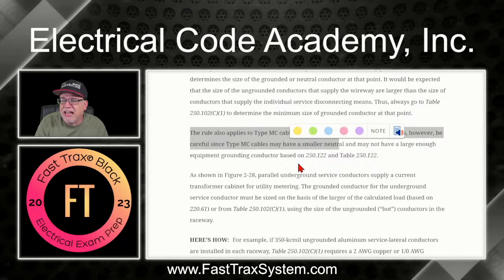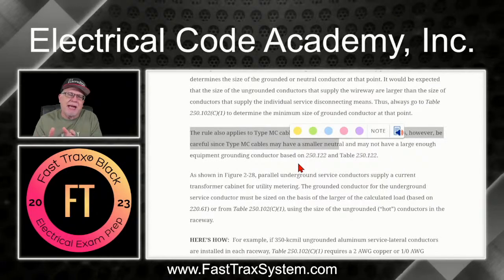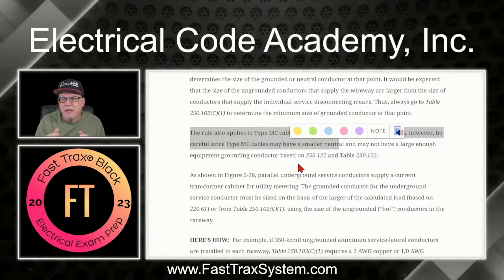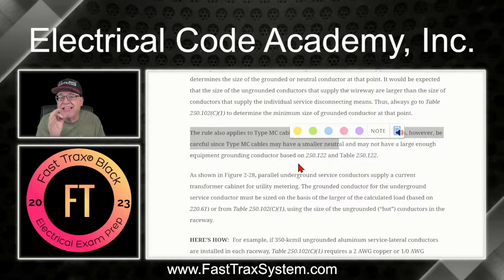But you also could have an equipment grounding conductor in there that is reduced in size. Remember, when we're sizing equipment grounding conductors, that's sized on the overcurrent protective device. So this is just a reminder that if you're buying a cable, the neutral may be sized smaller than the ungrounded conductors. And guess what?